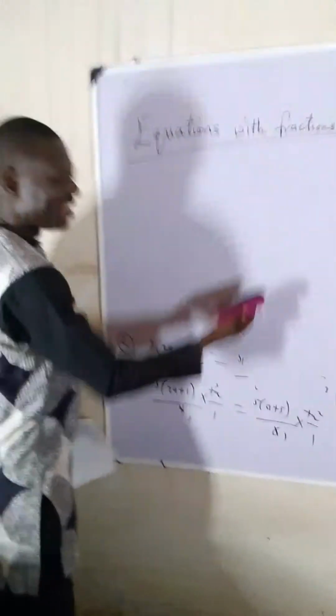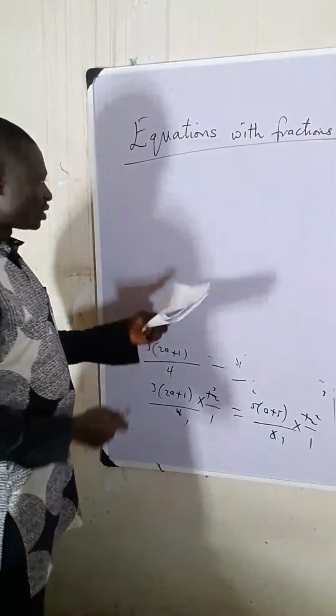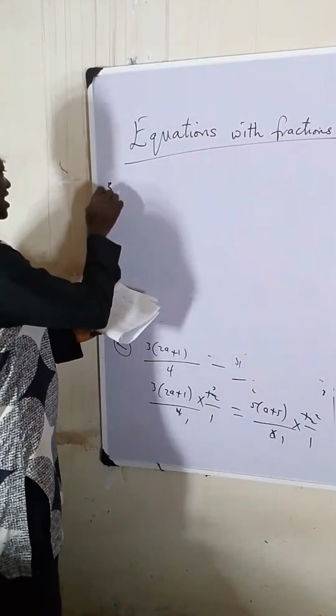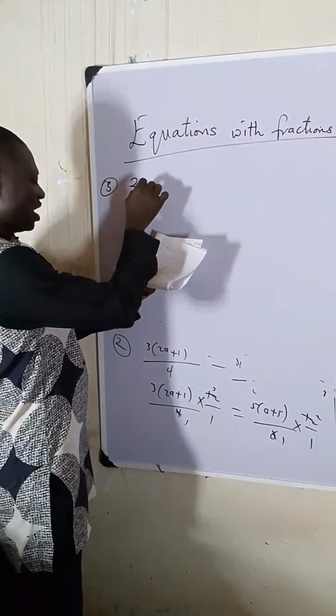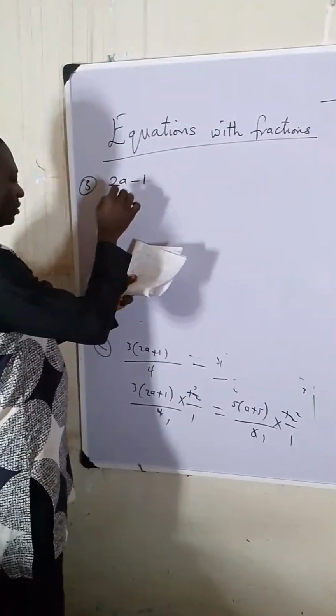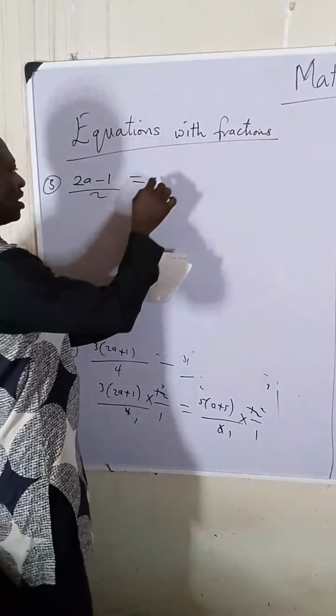Number 3 is this question. Our number 3 also has the unknown as A. This is (2A minus 1) over 2 being equal to 9.